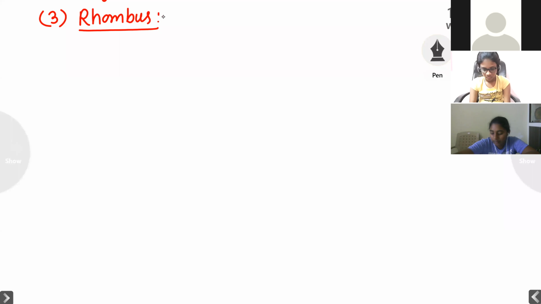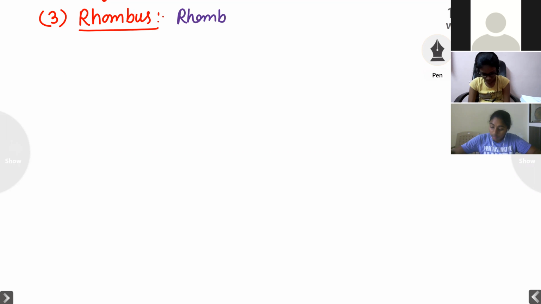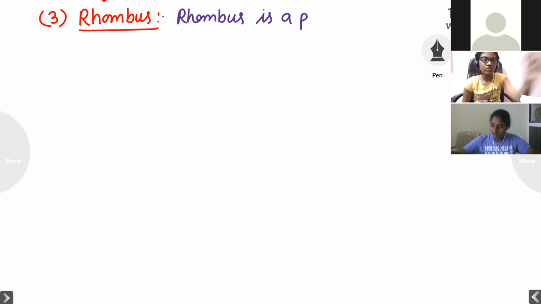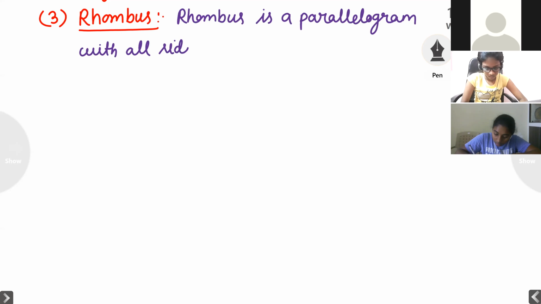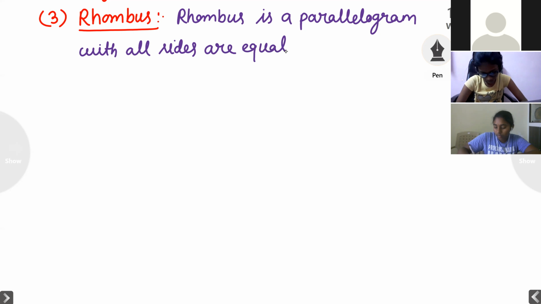Rhombus is a parallelogram with all sides equal and opposite sides parallel.